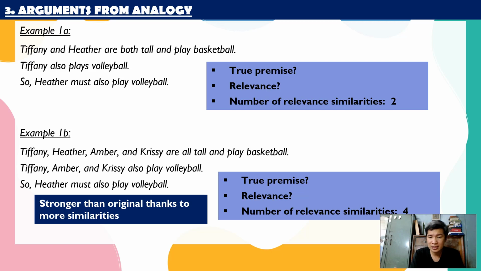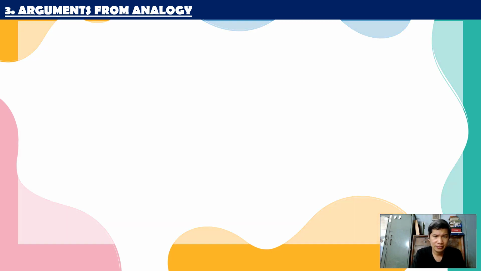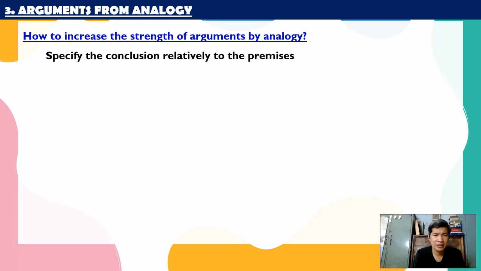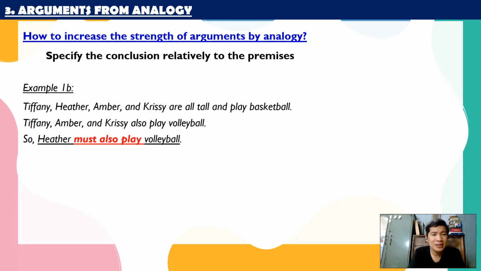It means you can have a cutting edge in scientific research, because it's similar to other findings in the area of research. It means it's appropriate, it's logical, right? You're doing the right thing. Yeah. Then remember, for analogy, we need to specify the conclusion relative to the premise.